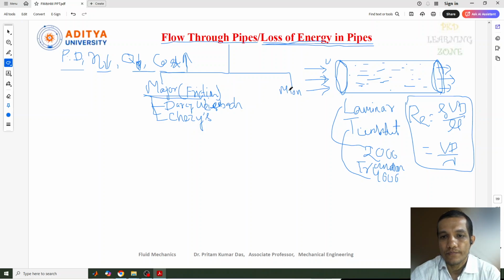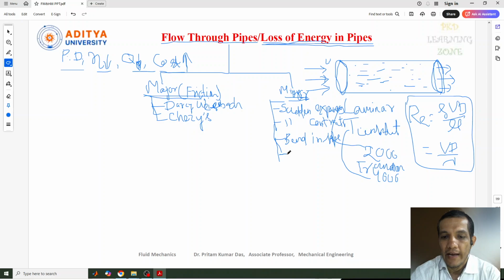Now this is minor loss. Minor loss happens for many reasons. You can say sudden expansion, when the pipe is suddenly expanded, and sudden contraction. Again, if there is some bending in the pipe, due to this bend in the pipe there are also minor losses.